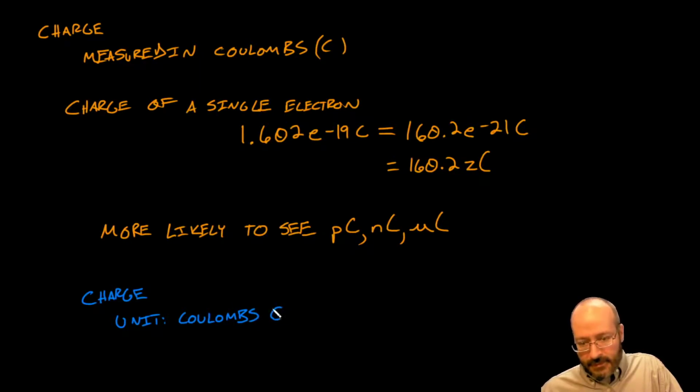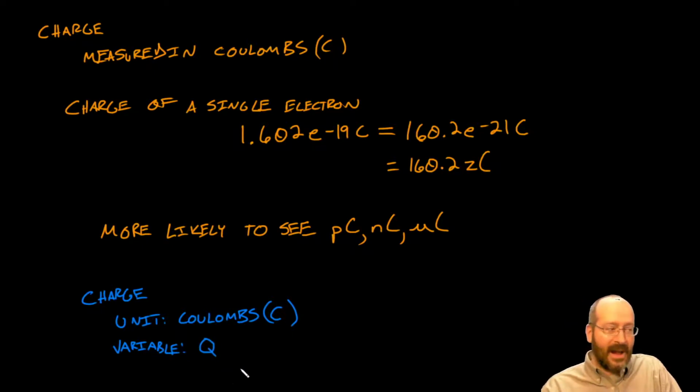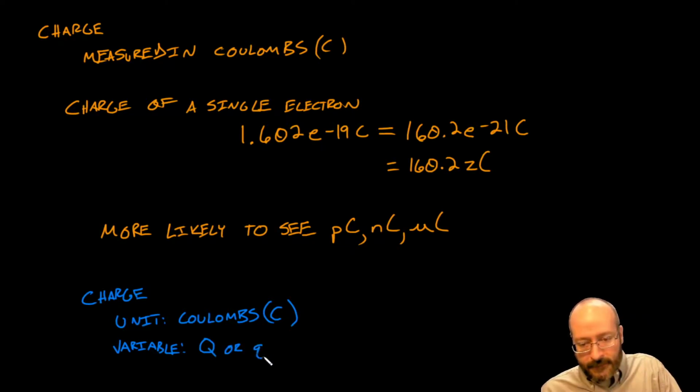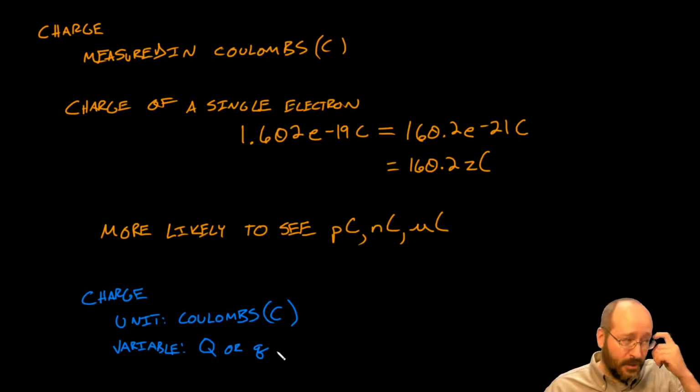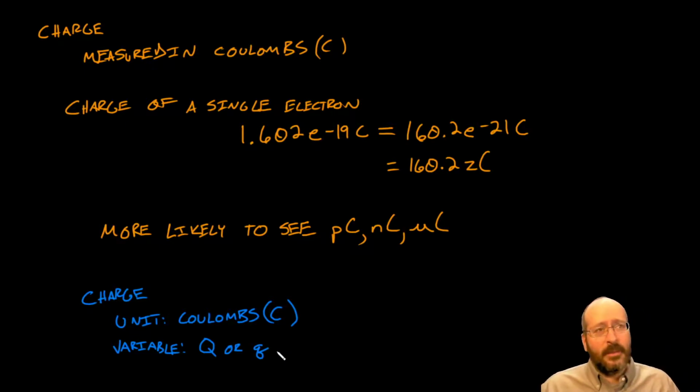Okay, capital C when we abbreviate it, and the variable we use for charge is capital Q. That's going to be a constant value of charge, or lowercase q if it's a time variant value of charge. And we'll talk about both. You'll see both in some of your problems. So that's our starting point.